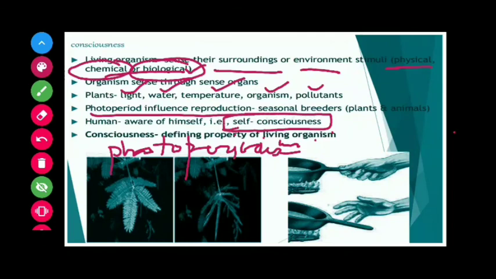This is the USP of human beings, that human beings are not only conscious or aware of the outside environment, apart from this they are self-conscious. Okay, since response to stimuli, that is awareness or consciousness, can be exhibited only by living beings, consciousness is the defining feature of all living organisms.